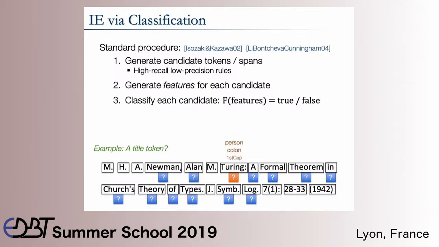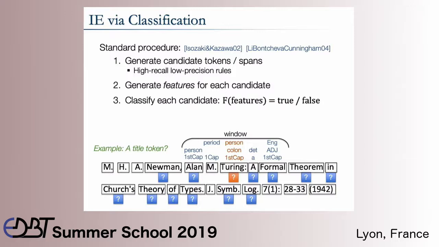Okay, what could be features? Well, whatever comes to mind, right? Like this is a person name, so it belongs to some specific dictionary, and it ends with a colon, and the first letter is a capital letter. And you can also bring in features from the window. Okay, so you take all of this information and you make a prediction.